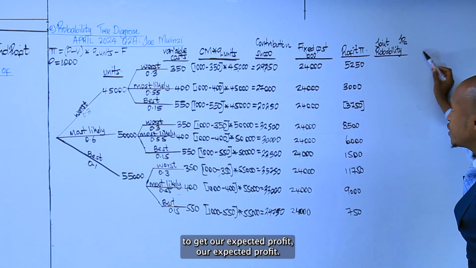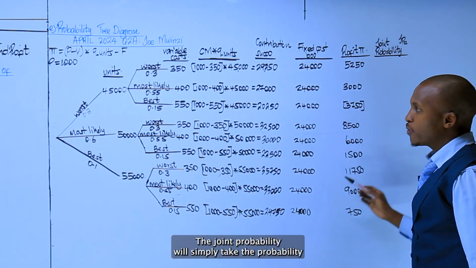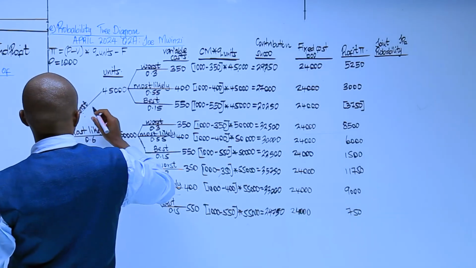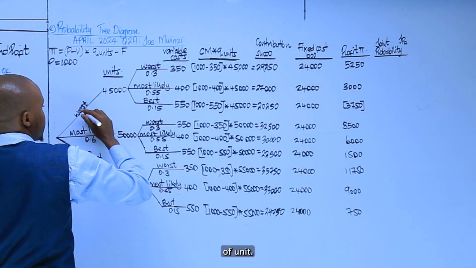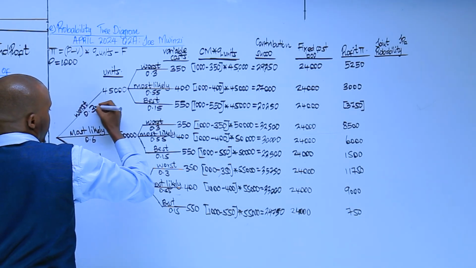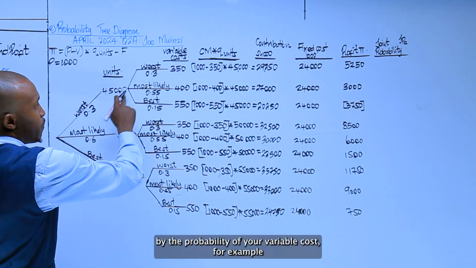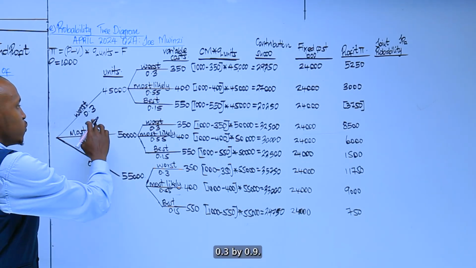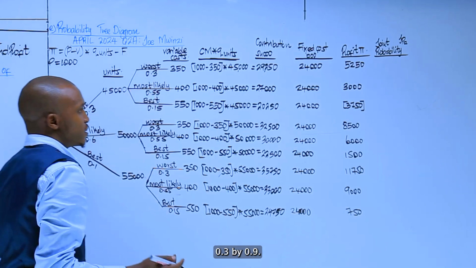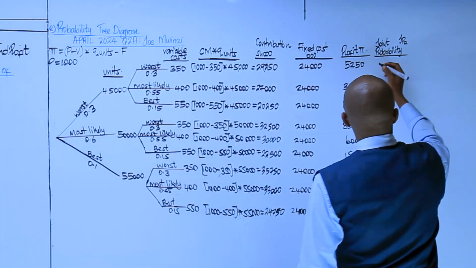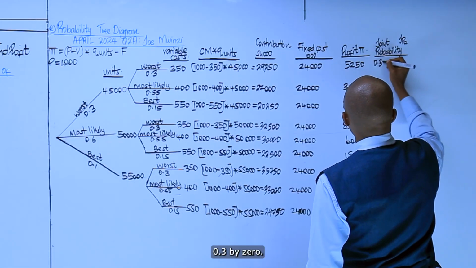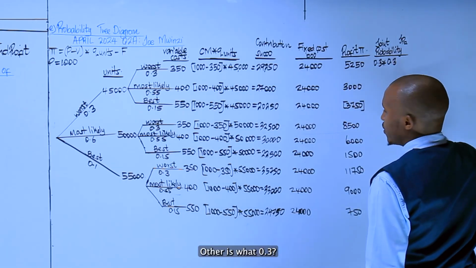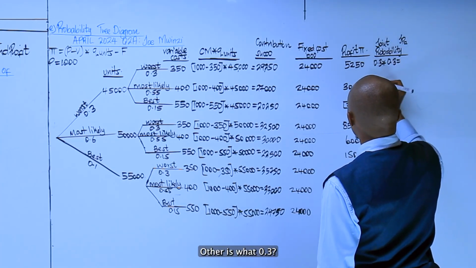Your joint probability will simply take the probability of units, you multiply by the probability of your variable cost. For example, 0.3 by 0.3, the other one is 0.3.